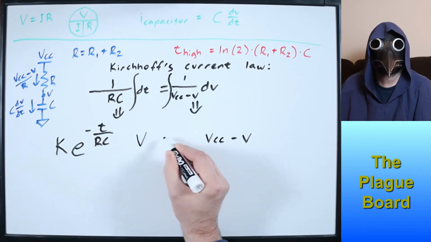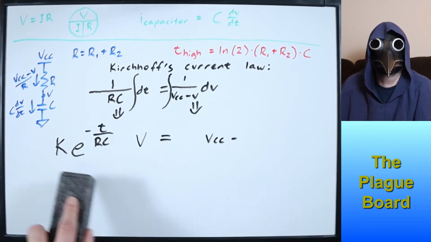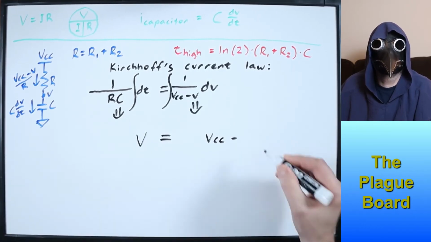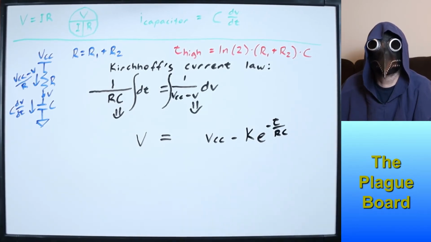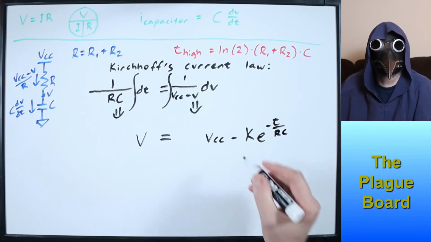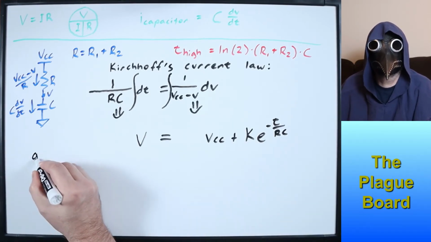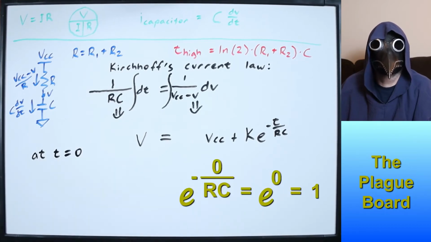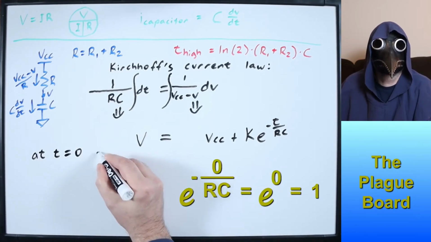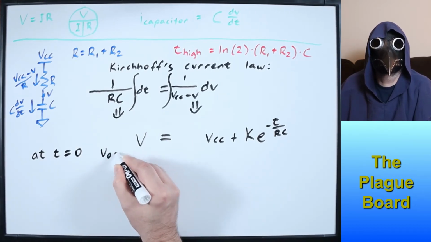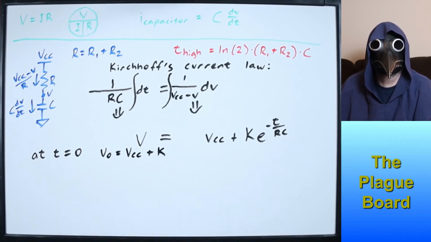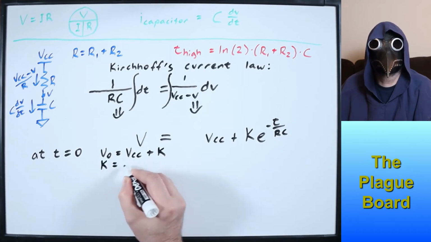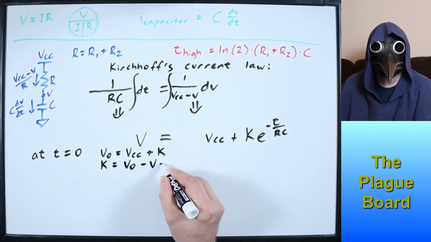Now I'll add v to each side and subtract k times e to the negative t over RC from each side. Since k can represent any value, we can change the sign to positive. At time t equals 0, e to the negative t over RC will be equal to 1, so the initial voltage will be equal to VCC plus k, and k will be the initial voltage minus VCC.